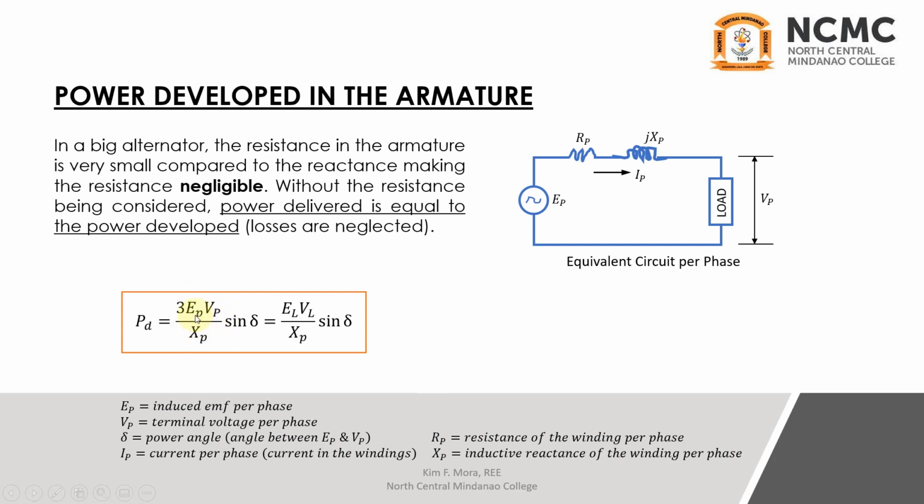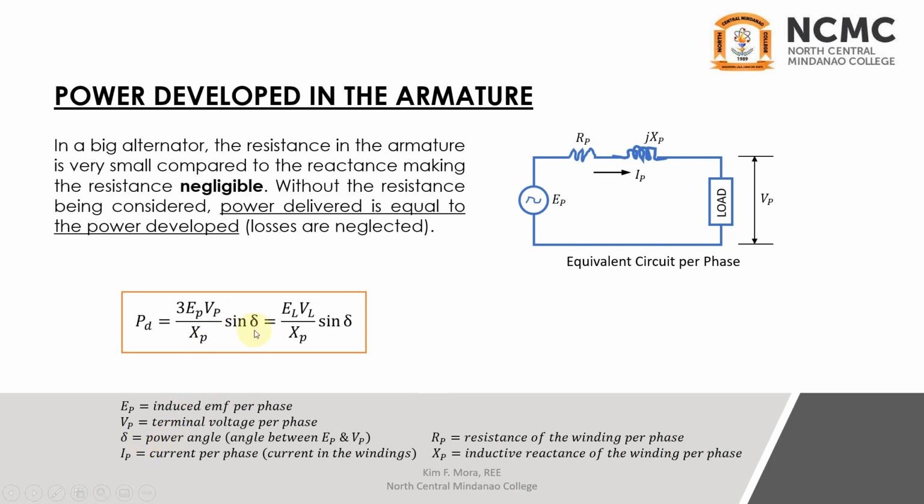So E_P is the induced EMF per phase, and V_P is the terminal voltage per phase, over the impedance. Since our resistance is negligible, zero, what remains is the inductive reactance, which is X_P, that is per phase, multiplied by sine phi.